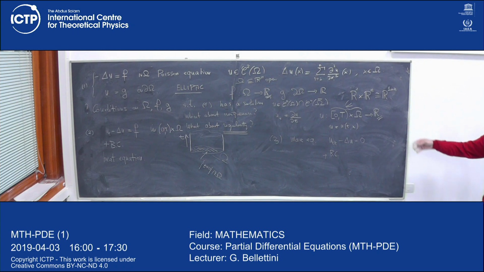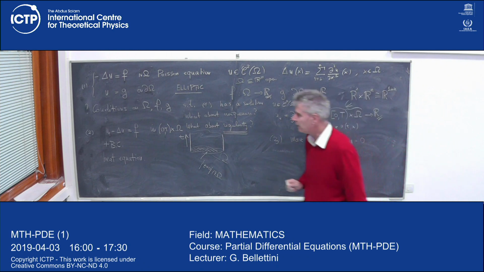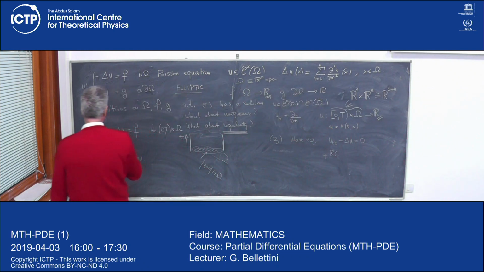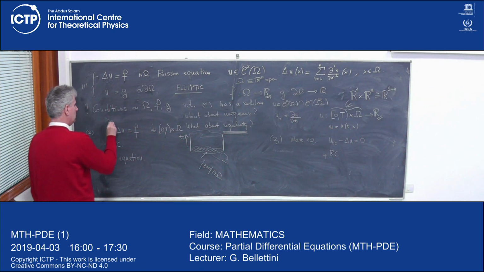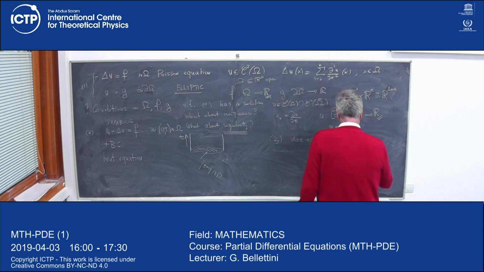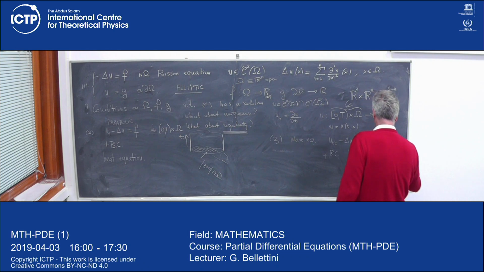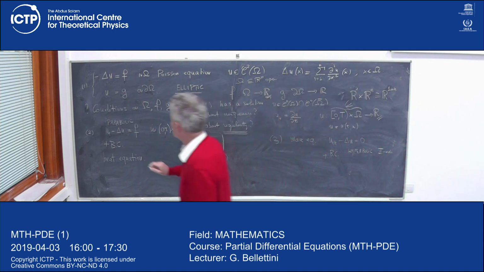So these are classical PDEs. This is called a hyperbolic second order PDE. This is called a parabolic. Also, this is second order.